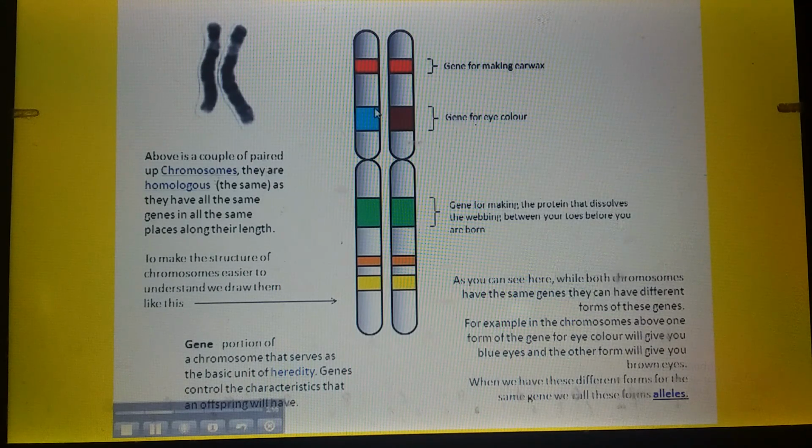And you can see the 2 chromosomes with linked genes. And you know that I have discussed in my earlier lecture that the genes present on the same chromosome are known as linked genes, and genes present on different chromosomes are non-linked genes.